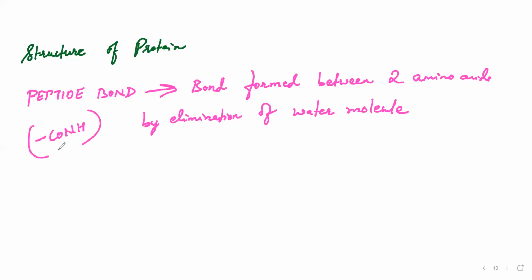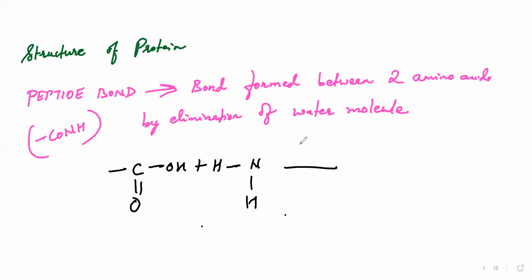CONH means nothing but the peptide bond. So it will be C, OH plus H, double bond O, NH, with the elimination of H2O. There will be a formation of peptide bond.